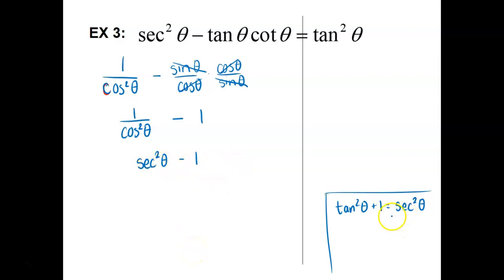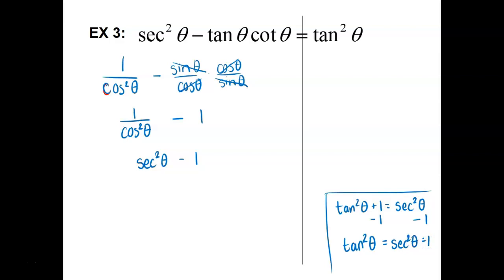Well, probably there's a lot of ways you can do a lot of these problems. What idea do you have, Alex? What do you think from there? Okay, so if we move this 1 over right here, like this, tangent squared theta equals secant squared theta minus 1.